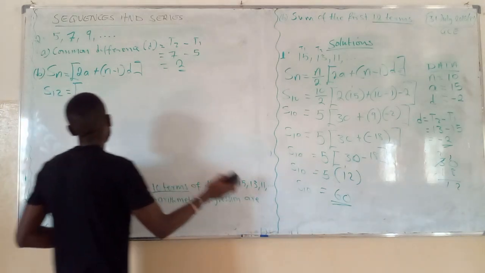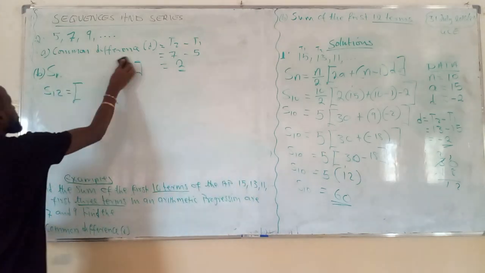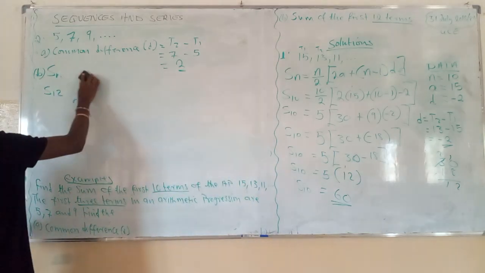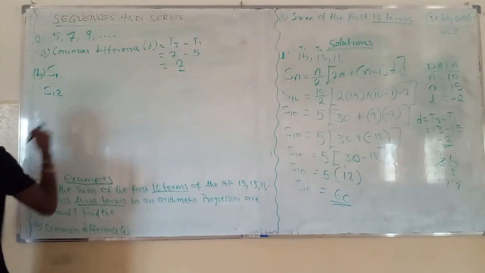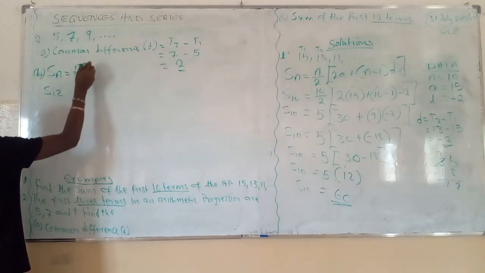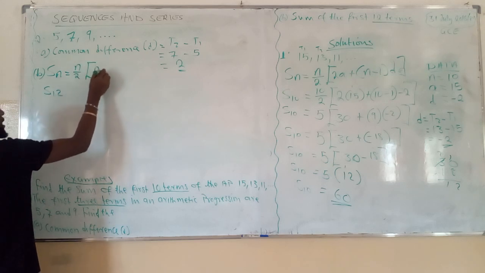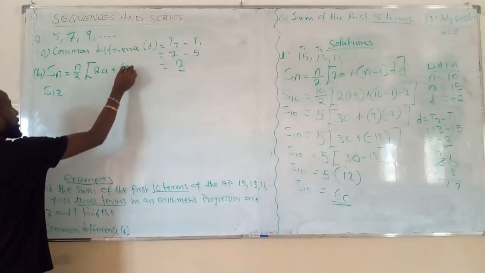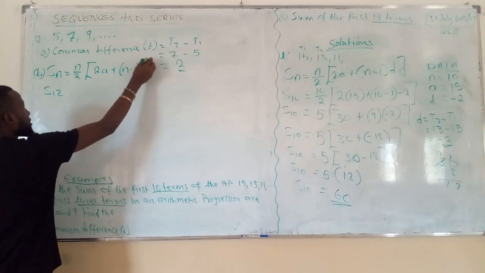The formula is incomplete. The sum is equal to n over 2, then we have 2a plus n minus 1 times d.